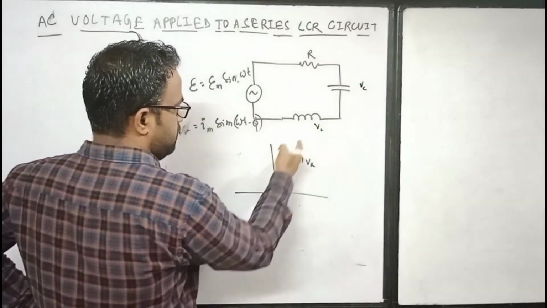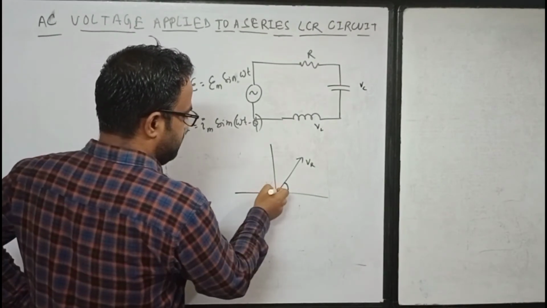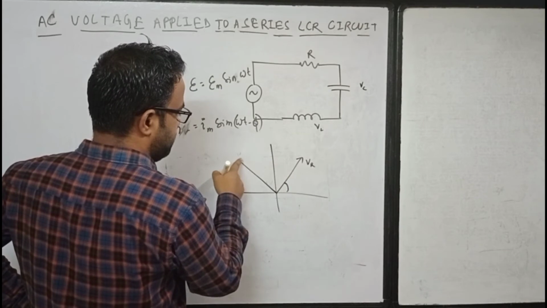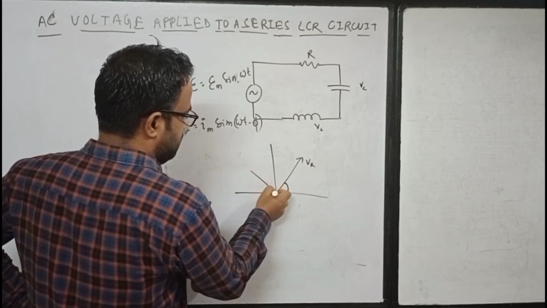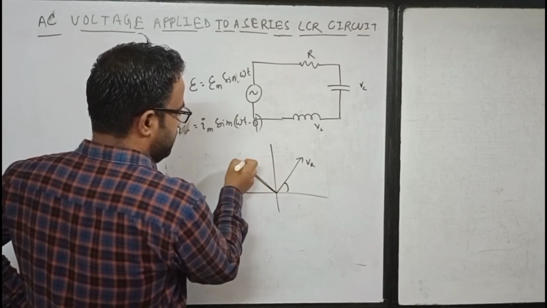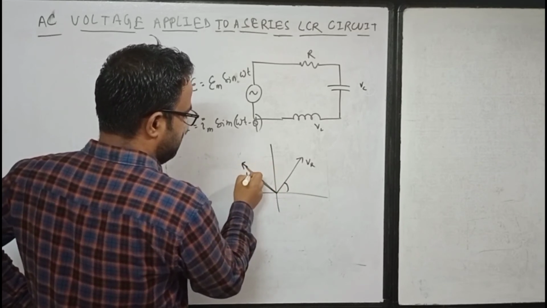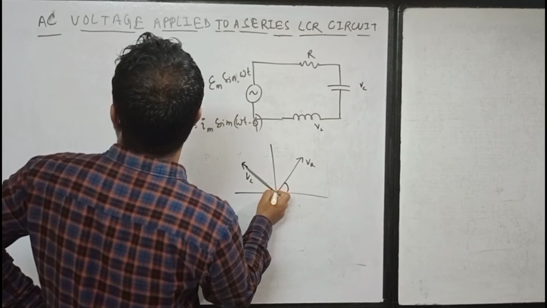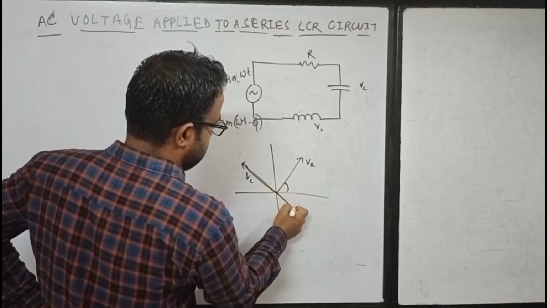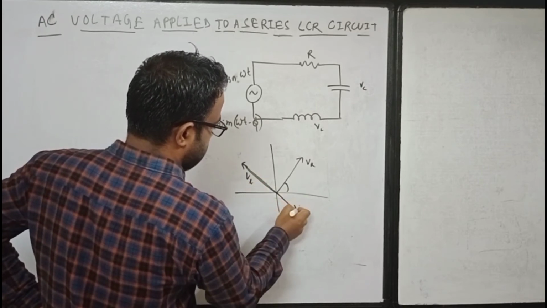For an inductor-only circuit, VL will be ahead of the current, so this is the current, let's say, and this will be VL. And this is your VC.